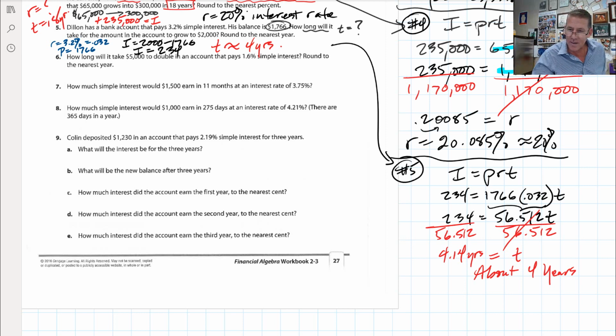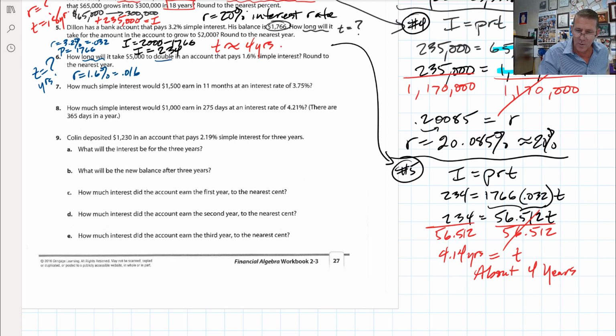How long will it take? It says how long, so t is equal to question mark. How many years? Will it take to double $5,000 in an account that pays 1.6% simple interest? We know the interest rate is 1.6% or 0.016. If you want it to double, it's got to go from 5,000 to 10,000.